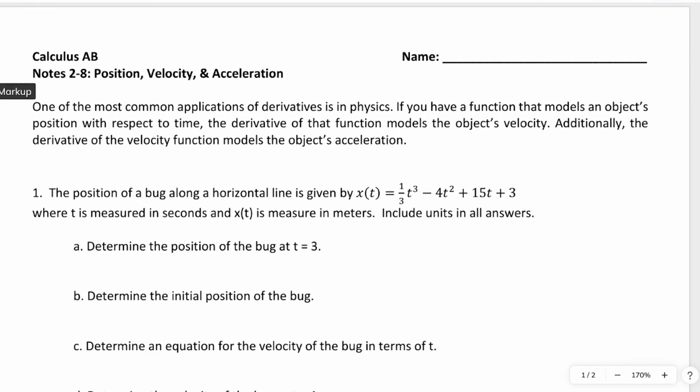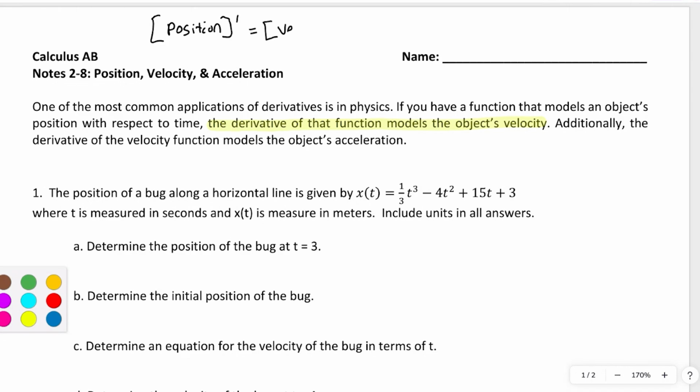Let me highlight this real quick. The derivative of the position is the velocity. So we have position, and today we'll just use x of t, but you could use any name here. So let's say we have a position function, and we take the derivative of that position function. That's going to give you the velocity function.